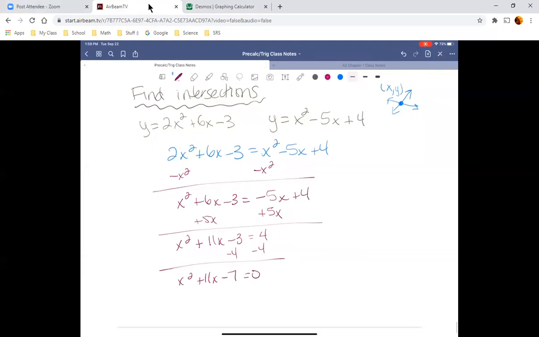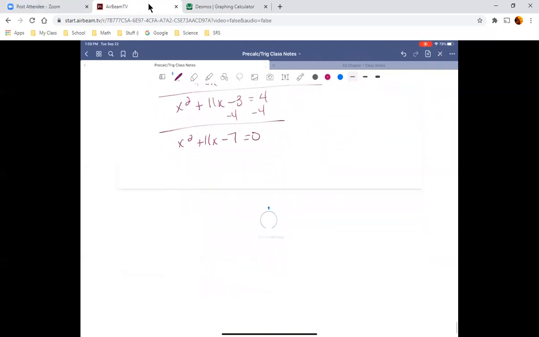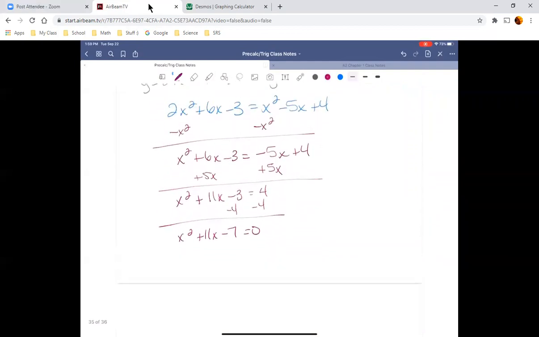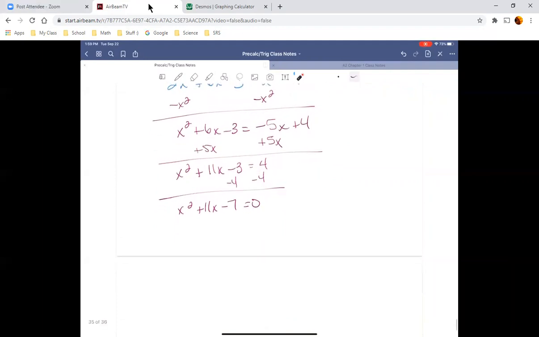I'm going to slide this up a little bit for you guys. Once I took everything away, I had it where it equaled 4, but then I subtracted 4. So what's 4 minus 4? That's going to give us our 0. So now we can try and factor it, or we have to use the quadratic formula. Could we factor it?